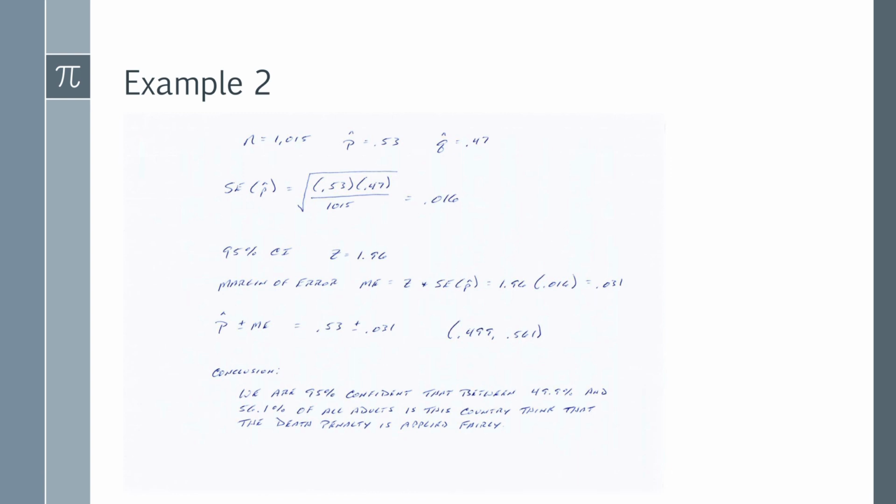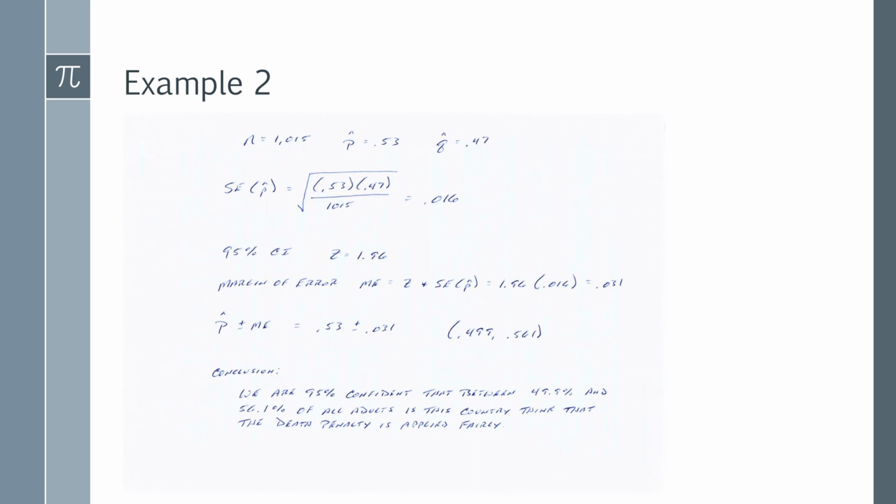We're saying that we're 95% confident because we were doing a 95% confidence interval. If you were doing a confidence interval of something different, like say 90% or 99%, that's what you would put in there. And then you're going to put your lower bound and your upper bound. In our case, it was 49.9% and 56.1%.